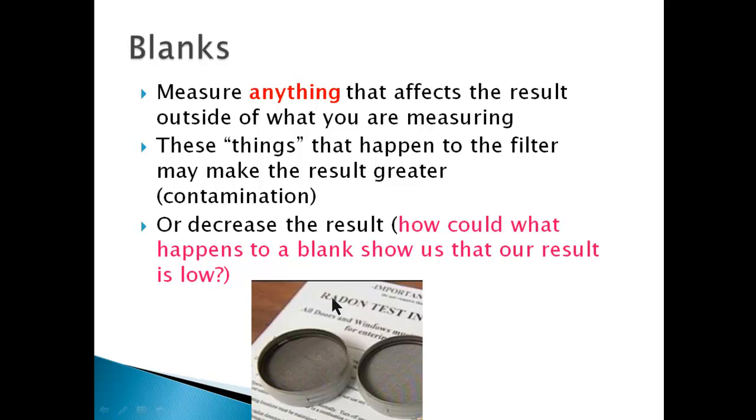So if you've got moisture in the air and you've got a blank charcoal canister and you just open it up and then close it, and during that time a lot of water gets onto the activated carbon, that basically takes up all the room that the carbon has to adsorb radon or anything else, and you'll be able to see that in the blank. So sometimes blanks are important to show us that our results are too high. Sometimes they're important because they show us that our results are too low.